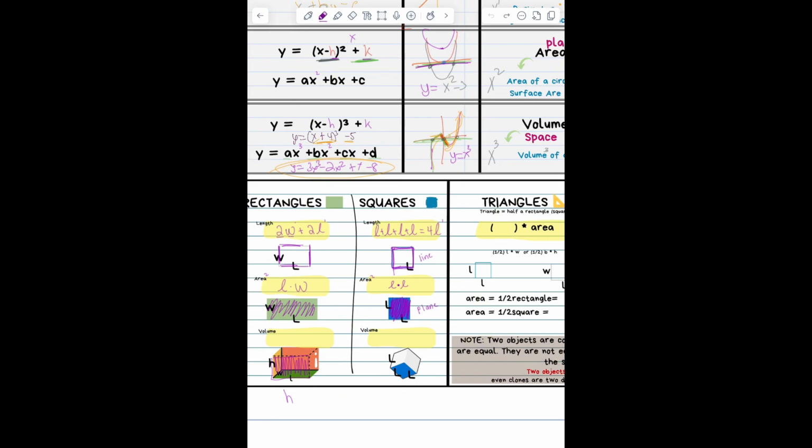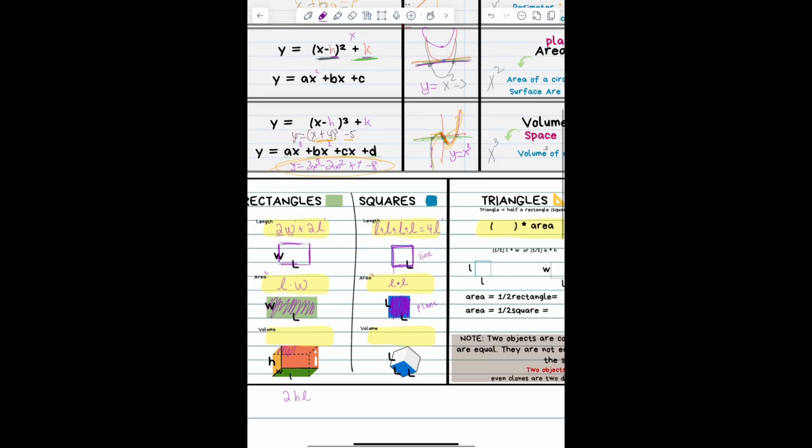So those are the 2 orange. So we have 2 of those, H times L's. Then we have these green ones up top here. Okay, so we've got the top and this green one. And those are W times L, and we have 2 of those. And then we have these corners here, which are W times H, and we have 2 of those.